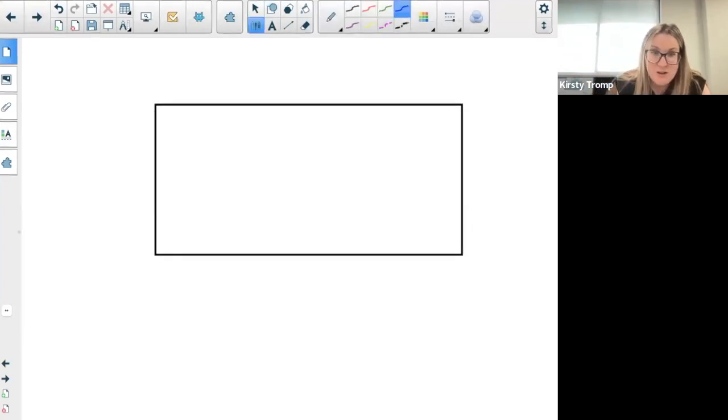It asked us to give a pair of parallel sides. You could have done this side and this side. And how do we show parallel lines? We show them with the arrows. Or you could have done this side and this side.